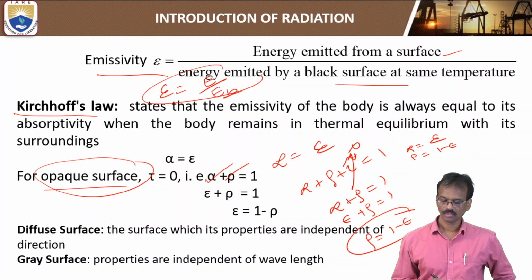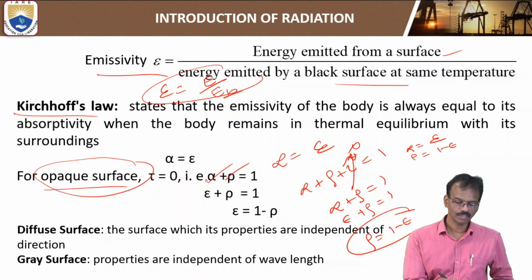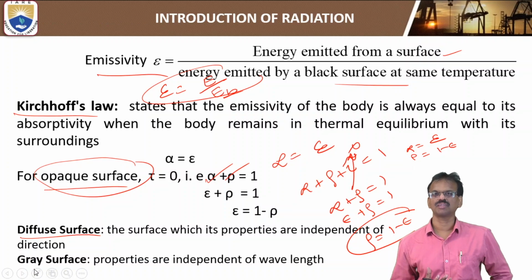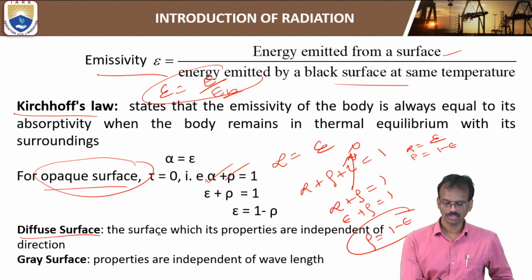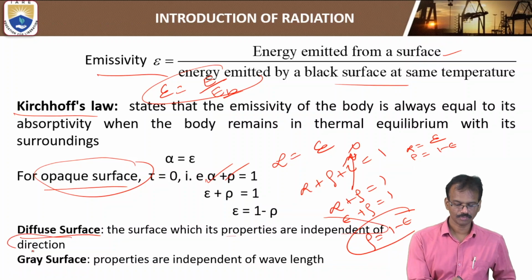Now we'll see other surfaces, diffuse surfaces and gray surfaces. We'll see the condition of diffuse surfaces. A diffuse surface means a surface whose properties are independent of direction.